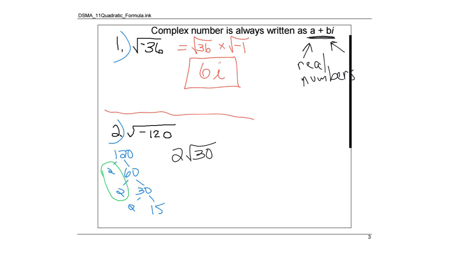Now, depending on what kind of mathematician you are, the i technically is supposed to go here, right? At the end. We kind of treat it like a variable where we put all the numbers on the front. And so this is the way that your calculator will give it to you.